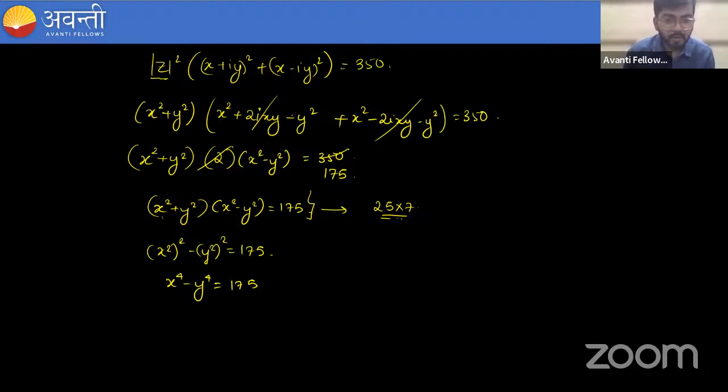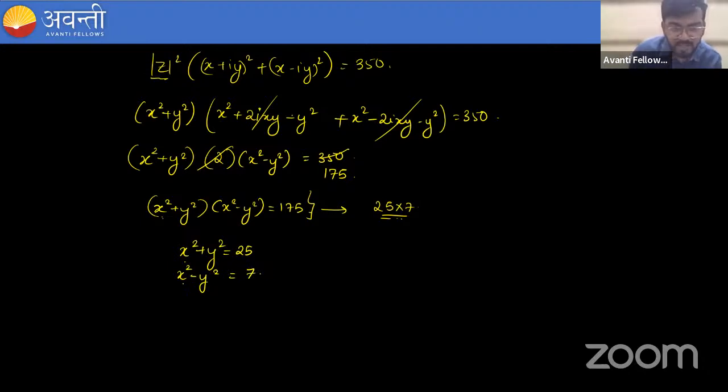If I write x square plus y square into x square minus y square as 25 into 7, then can I say that x square plus y square will be equal to 25 and x square minus y square will be equal to 7, since x square plus y square will obviously be greater than x square minus y square.